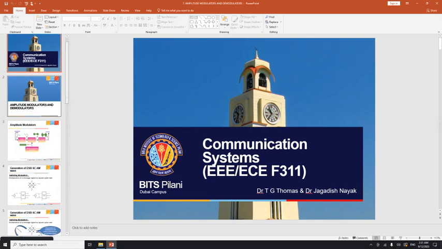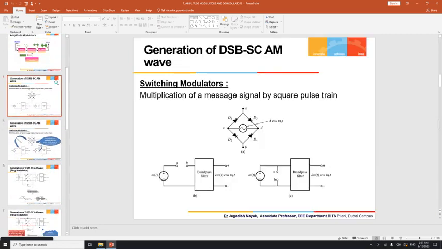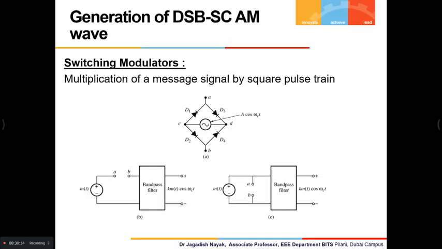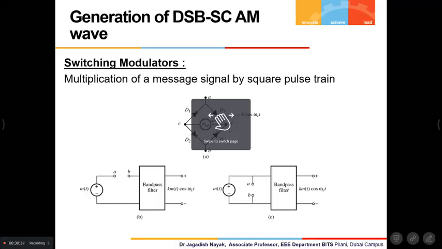See here, that is what I have told you, this circuit. This is the one which generates your square train pulse. What is the frequency it generates? Omega c. This generates your square, that's a periodic signal, right?